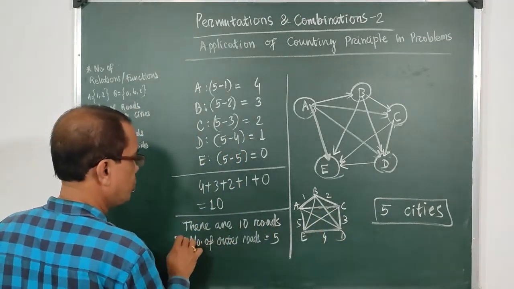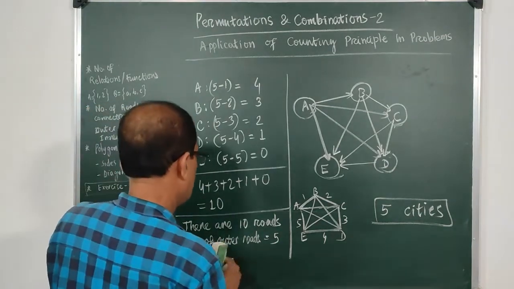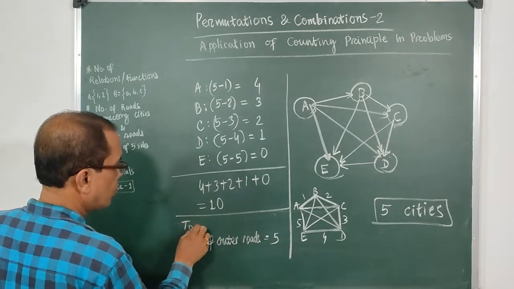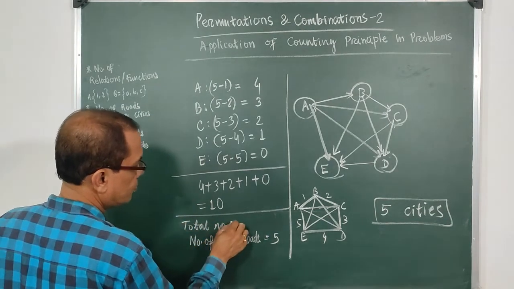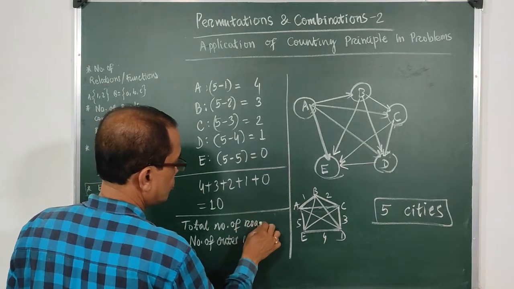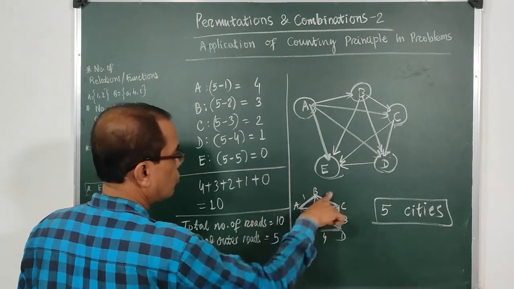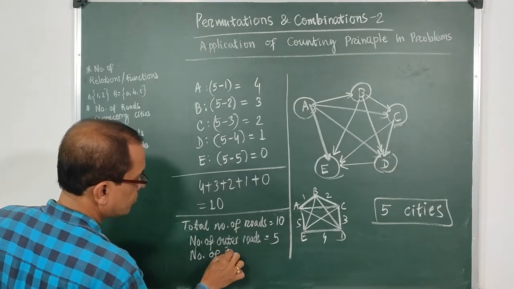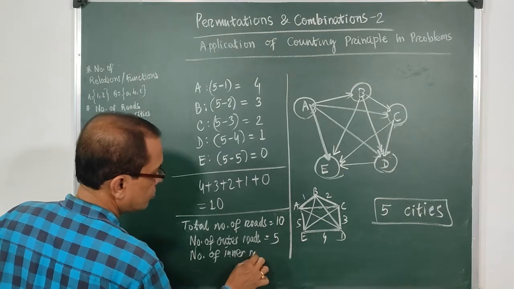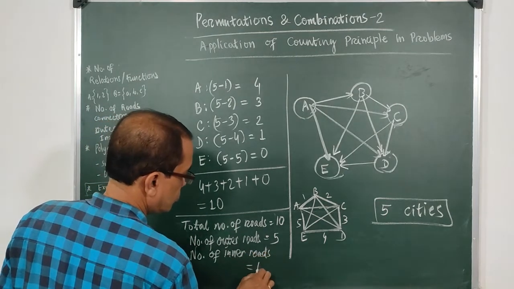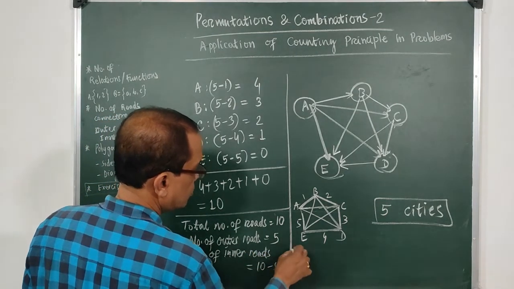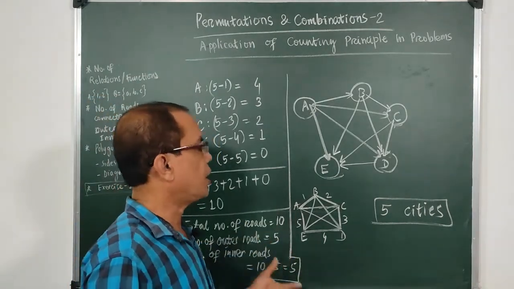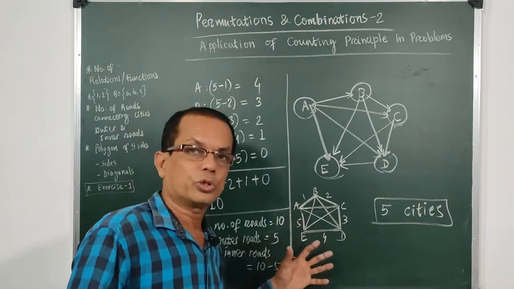And also, if you write the total number of roads is 10 and outer roads are 5, so the number of inner roads will be, just subtract them. So this is the way we finalize the number of roads connecting 5 cities: total number of roads, outer roads and inner roads.